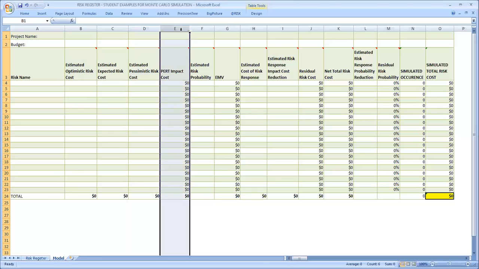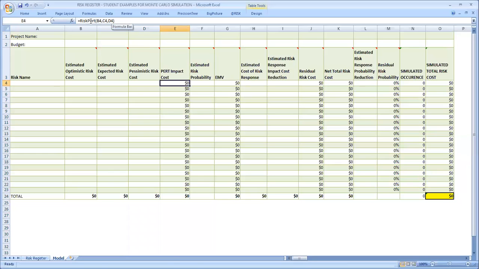Column E is a formula, and that is a formula that calculates what appears to be a single point or deterministic estimate. However, you'll notice that the formula uses the risk PERT distribution formula, which means that in reality, these numbers will be randomly selected by the model.